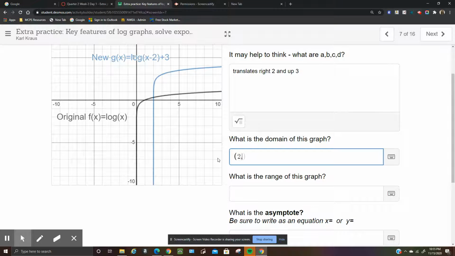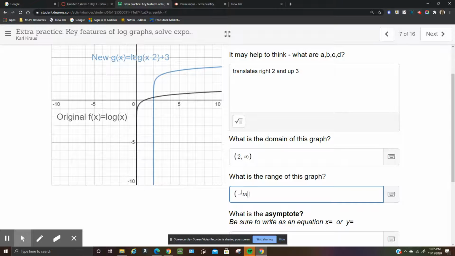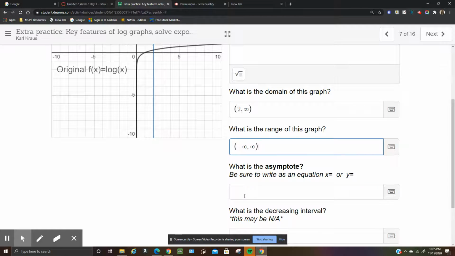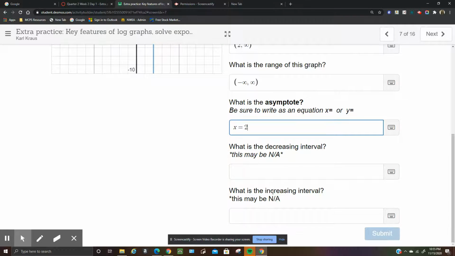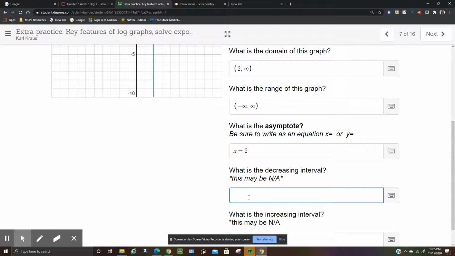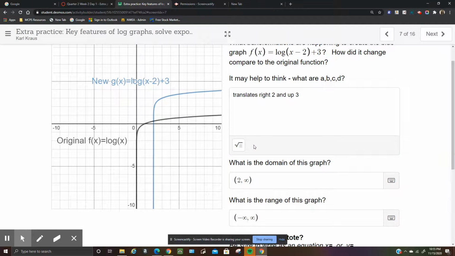So 2 to infinity. The range of every log function, negative infinity to positive infinity, are all real numbers. The asymptote is x equals 2. The decreasing interval is NA. And increasing all along the domain, which is 2 to infinity.